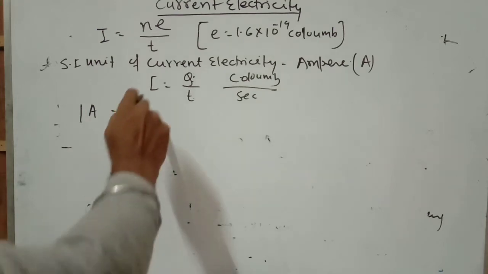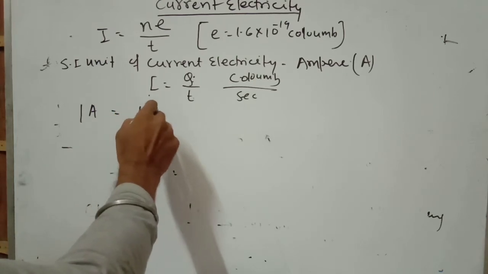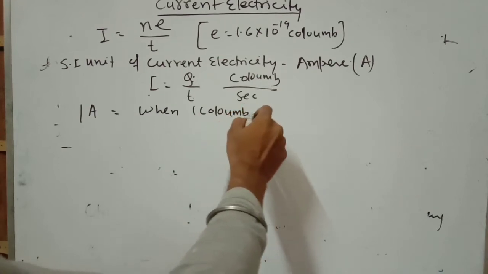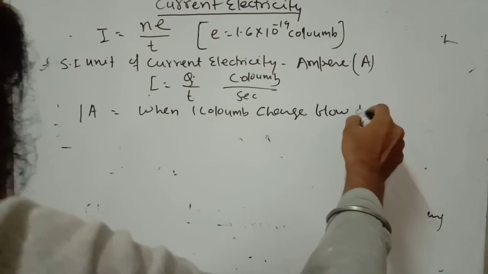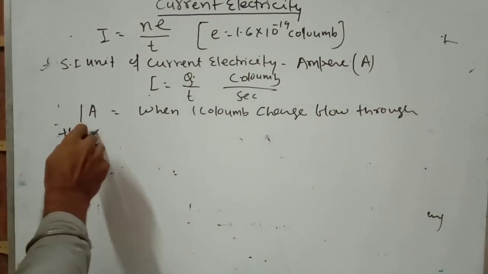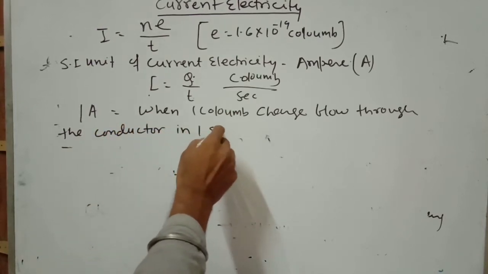So 1 ampere is when 1 coulomb of charge flows through the conductor in 1 second.